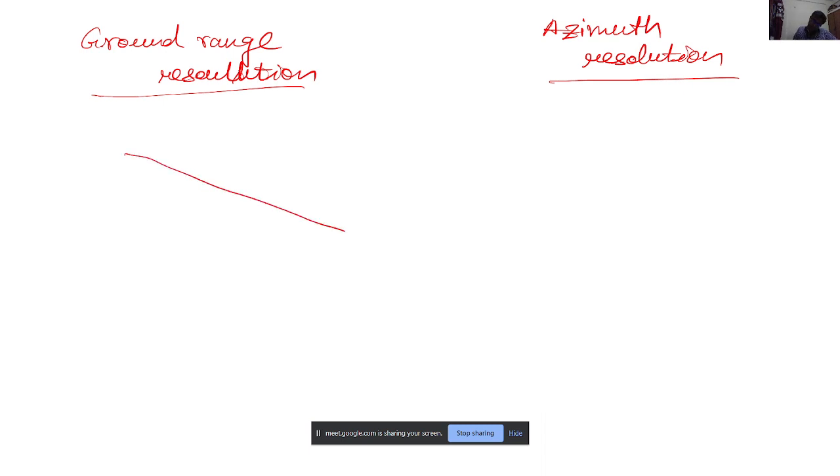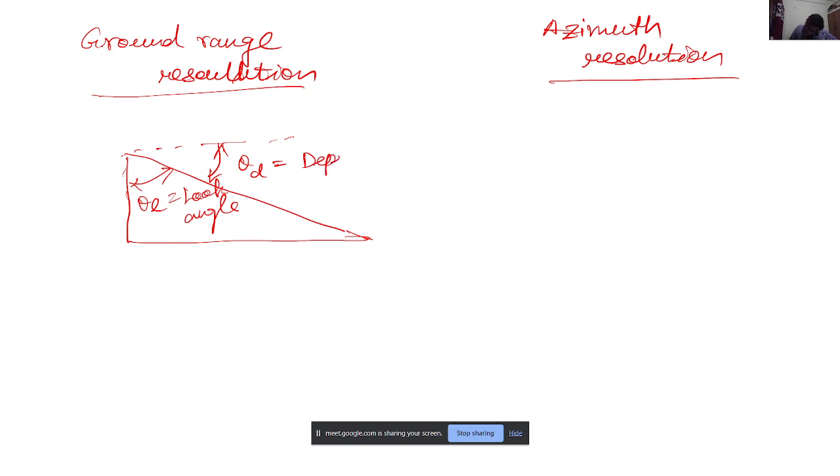Let me again make that same schematic. This is theta L, look angle. This would be theta D, depression angle.